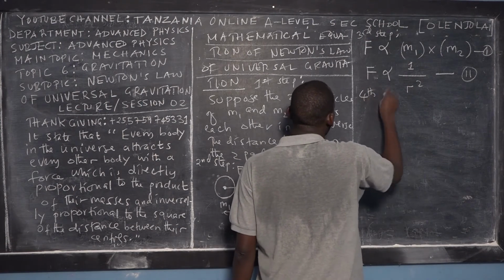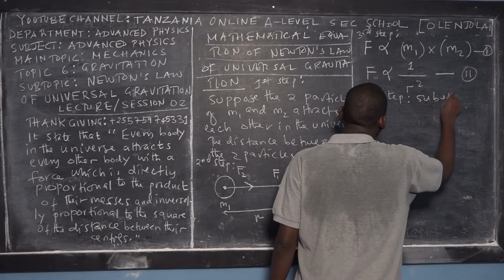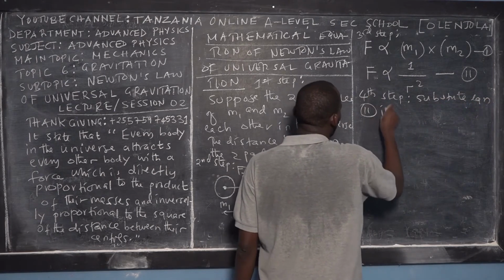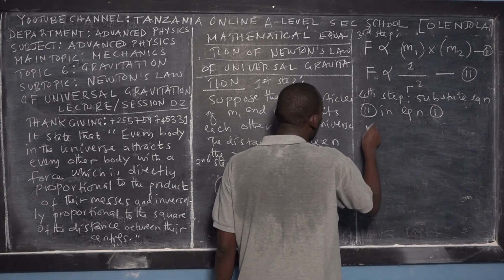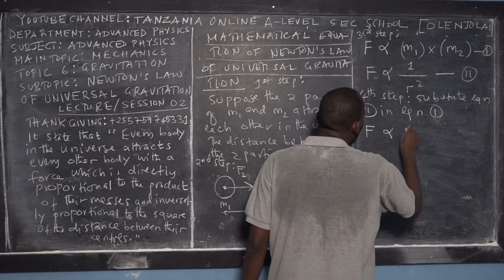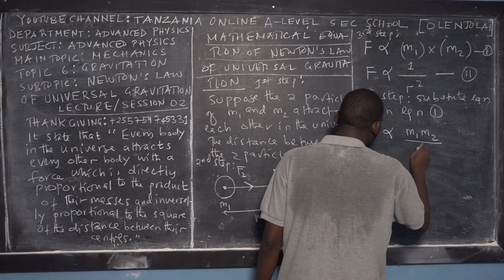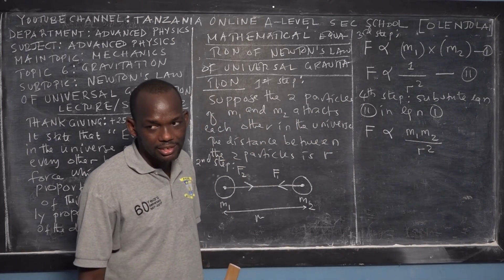So the first step right now, we say, substitute equation 2 in equation 1. If you substitute equation 2 in equation 1, we say that the force of attraction between the two particles will be proportional to the product of mass 1 and mass 2, and inversely proportional to the square of the mean distance.